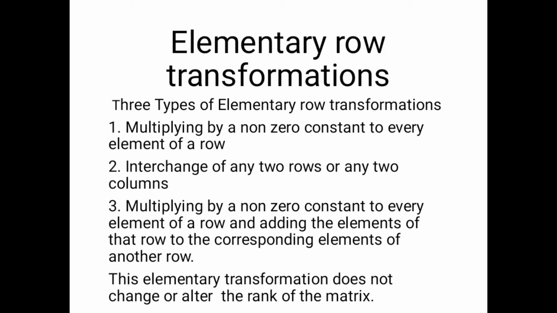In other words, if the transformation involves only rows of a matrix, we call it a row transformation. If the transformations are applied only to the columns of a matrix, those are called column transformations.